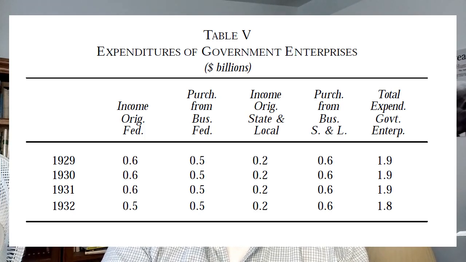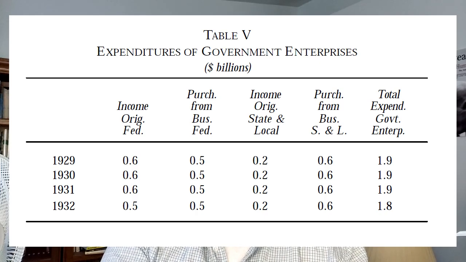Third column is income originating from state and local governments. That's going to be the same as government enterprises. That's going to be the same as column 4 of Table 2, right? And then column 4 is purchases from businesses by state and local governments. Again, that's fresh data. We haven't seen that before. And then the 5th column is just the total expenditures, which is the sum of the previous 4 columns.